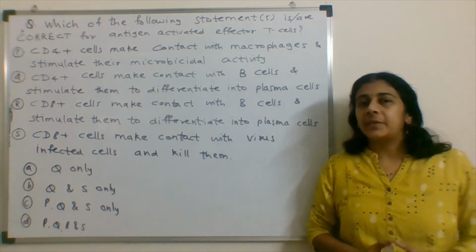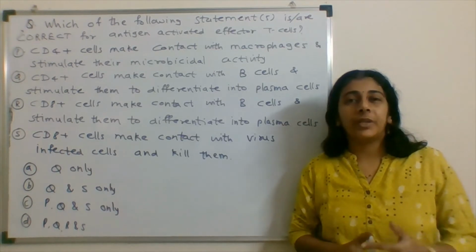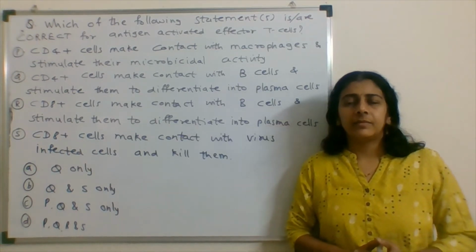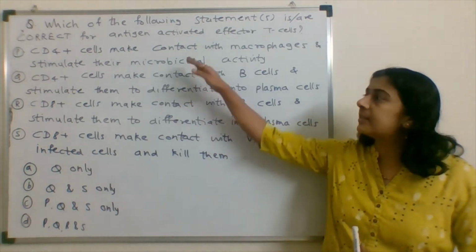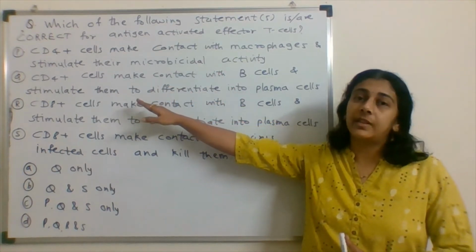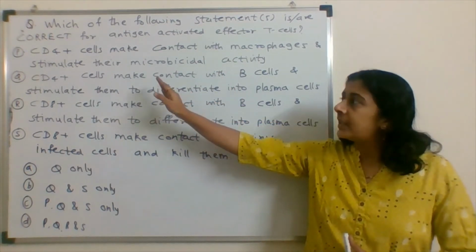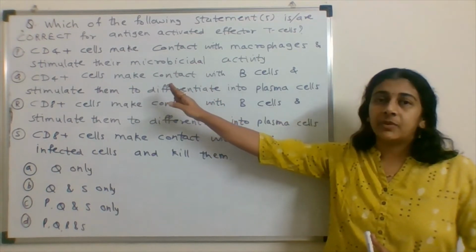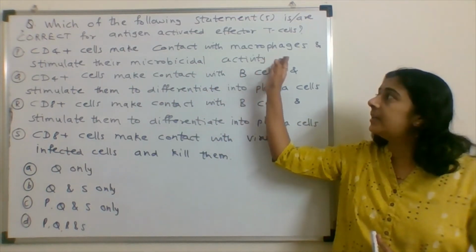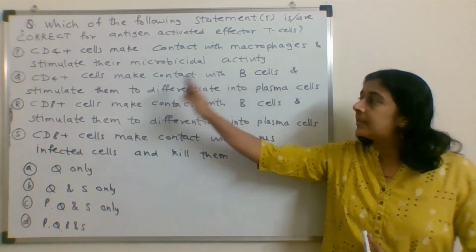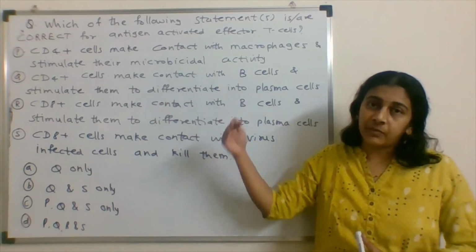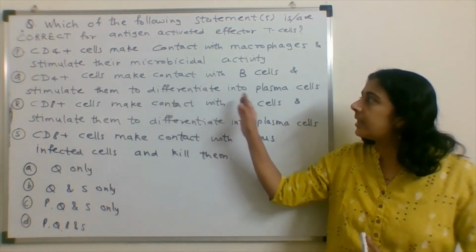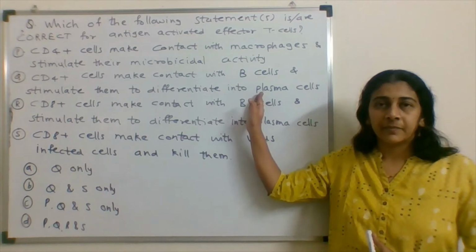So in the statements, different combinations are asked. First two statements relate to CD4 plus cells. In the first statement, CD4 plus cells are activating macrophages. In the second statement, CD4 plus cells are activating B cells.